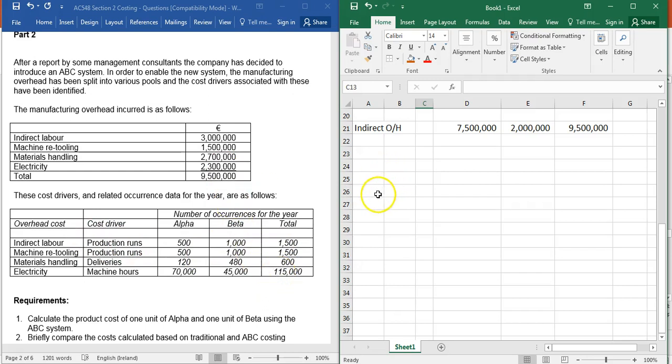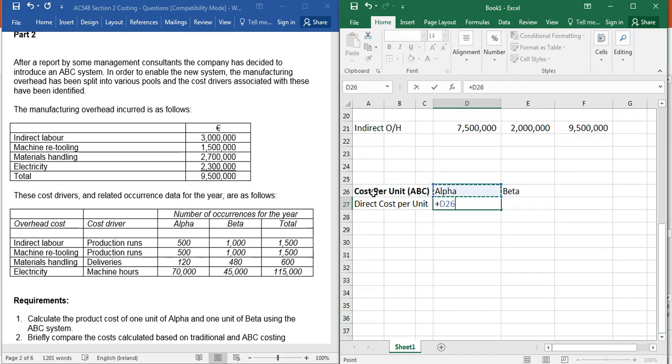So for example, your starting point, we're getting the cost per unit under ABC. And the first key point to remember, and it's important to remember this, is that for alpha and beta, the direct cost per unit does not change. So think about that. ABC has nothing to do with direct costs. It's only to do with the 9.5 million overhead.